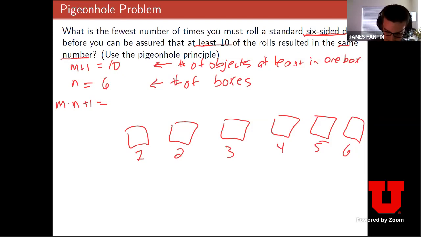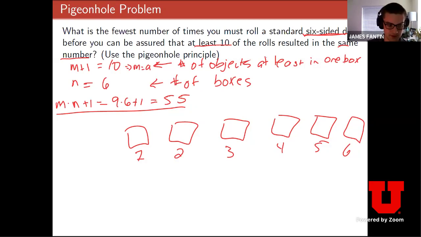So with these two values then, m plus 1 equals 10, that gives us m is equal to 9. So m times n plus 1 is 9 times 6 plus 1, which is equal to 55. And what does this value represent, 55? Or what does m times n plus 1 always represent?